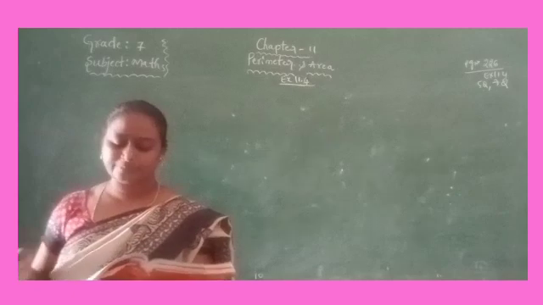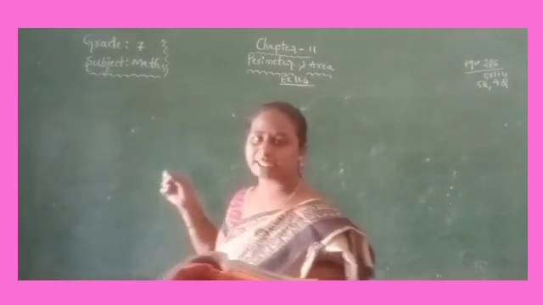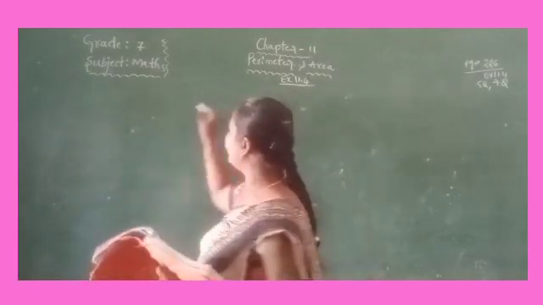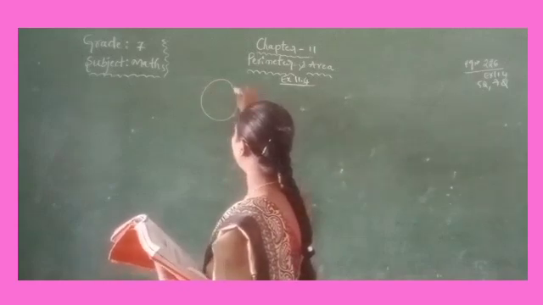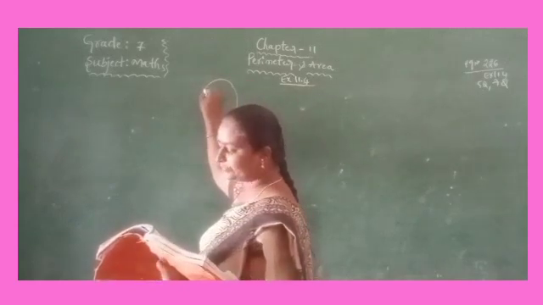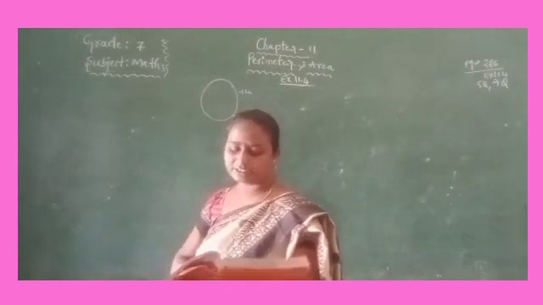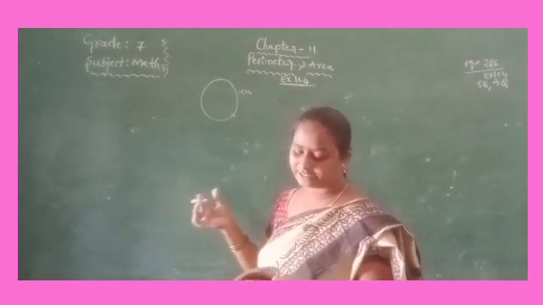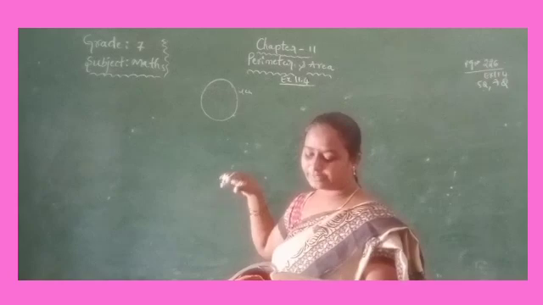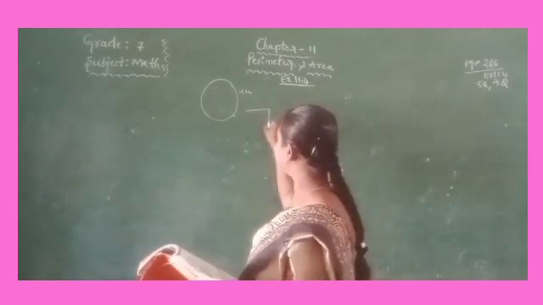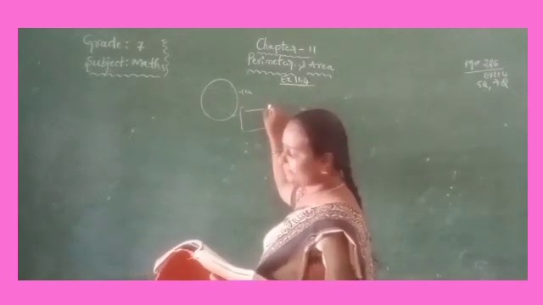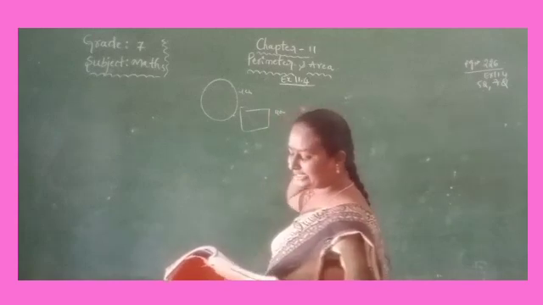So she wrapped a cord around a circular pipe. First she wrapped around a circular pipe with a radius of 4 centimeters. Again she wrapped it around a square box of side 4 centimeters.